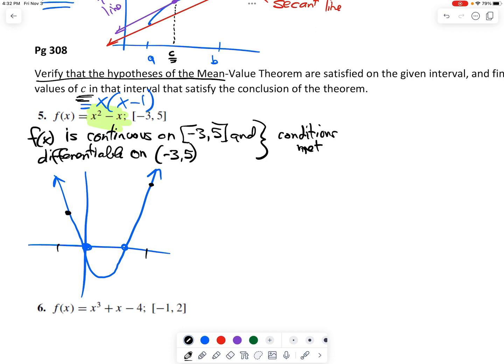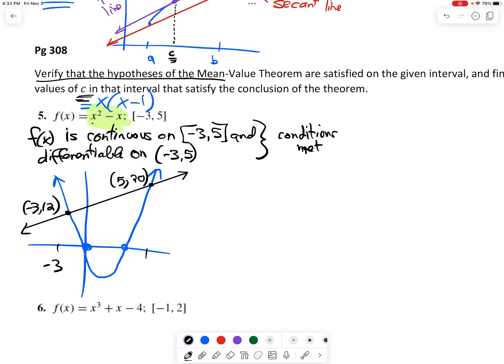This is, again, rough. That is the point -3. And let's see, the y-coordinate for -3 is -3 squared minus -3, that's 12, so the point -3, 12. And at the point 5, that's 5 squared minus 5, 25 minus 5, 20.